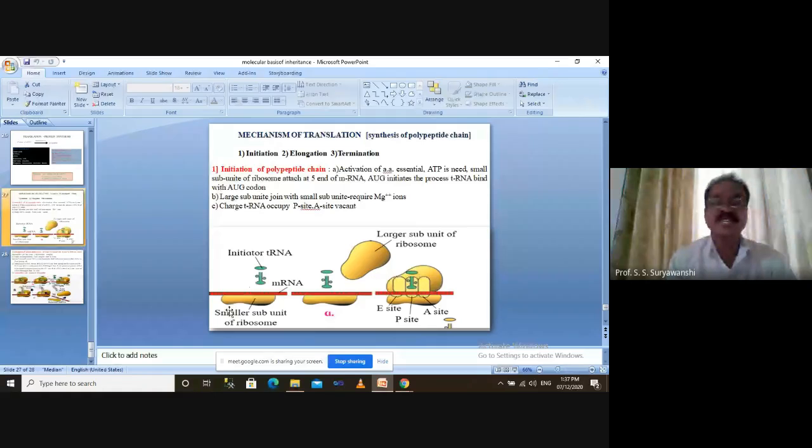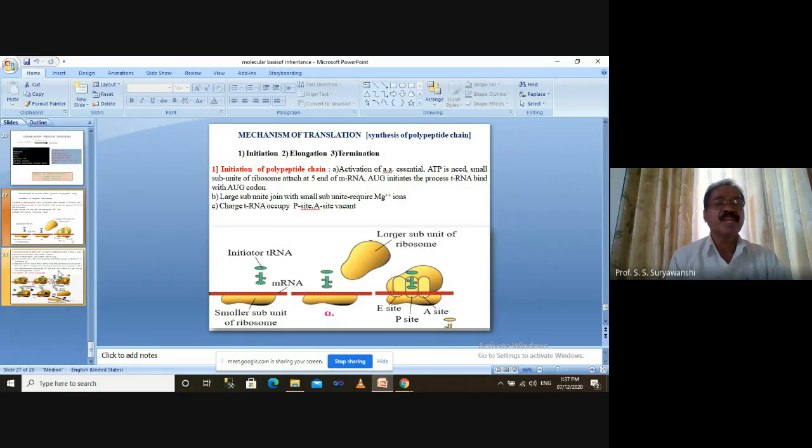In the second, the larger subunit of the ribosome comes and binds with the smaller one, so along with the tRNA, it now joins. In the third, the activated tRNA occupies the P site. On this ribosome, three sites are there, E, P, A. To the P site it directly joins along with the activated amino acid. In this way, this is the first process, that is the initiation.